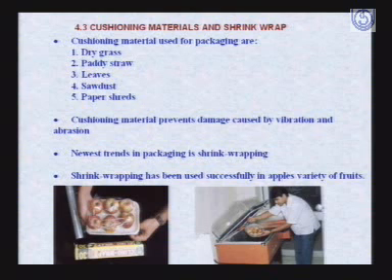Leaves, which are biologically active, should be avoided as a cushioning material. The best is the small unit pack, the shrink wrap. We get a shrink wrapping machine, on the right hand side, and this is in our retail outlets in metropolitan cities, the supermarkets and all. There's a very good opportunity of marketing fresh commodities with the help of this shrink wrapping.